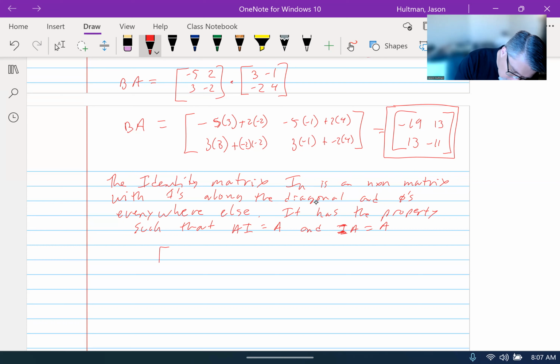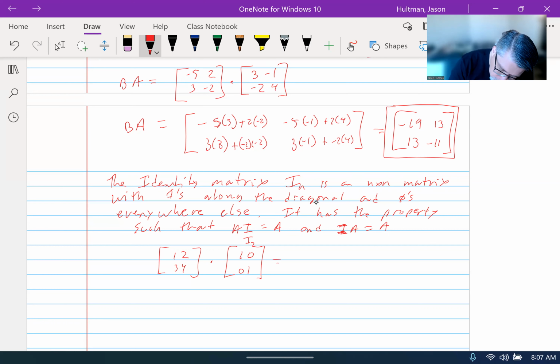We could do a small example of that. If I had 1, 2, 3, 4, and I multiply by 1, 0, 0, 1, which is I2, the identity matrix 2 by 2, I would take a 2 by 2 matrix and multiply by a 2 by 2 matrix. Okay, and let's multiply this out.